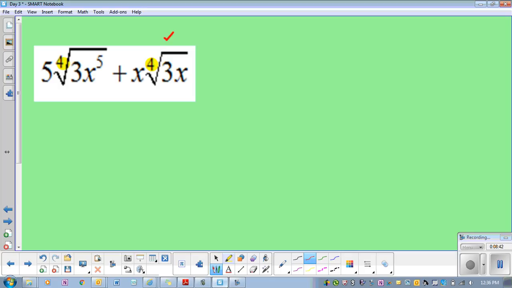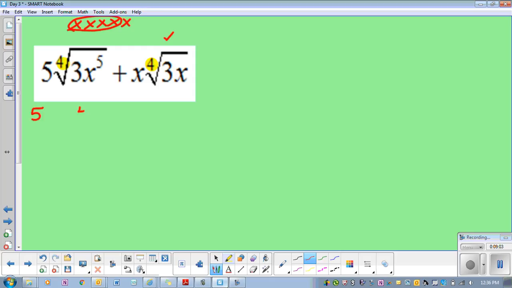Let's look at this one on the left. I have 1, 3, but how many x's do I have? 5. That means 1, 2, 3, 4, 5. I have one group of 4 that can come out. So let's simplify this. The 5 was already out.